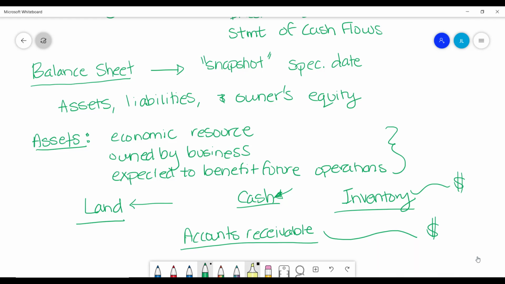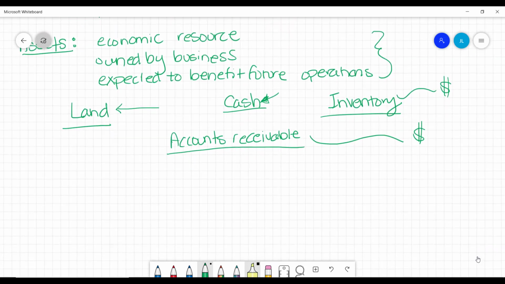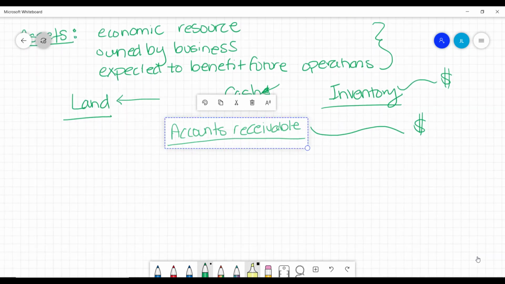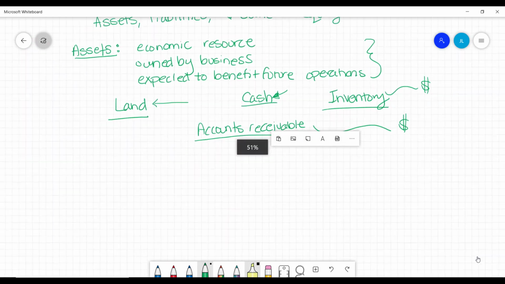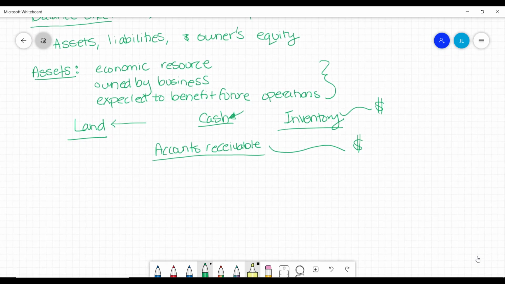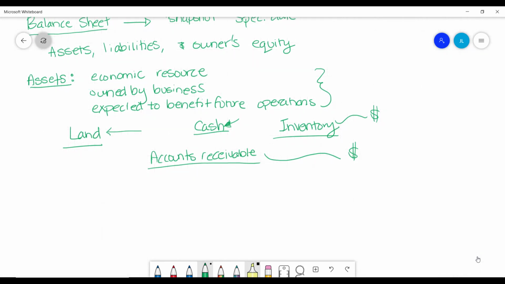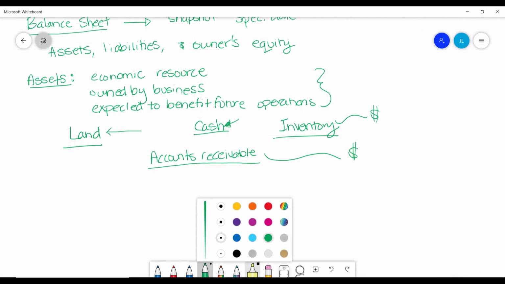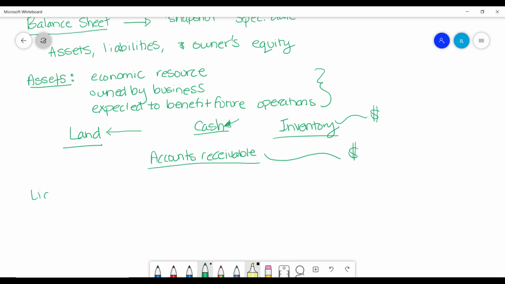Now, what about liabilities? Let me try and zoom out here slightly. We said part of the balance sheet is also liabilities. So what the heck is a liability? You can think of it as debt.